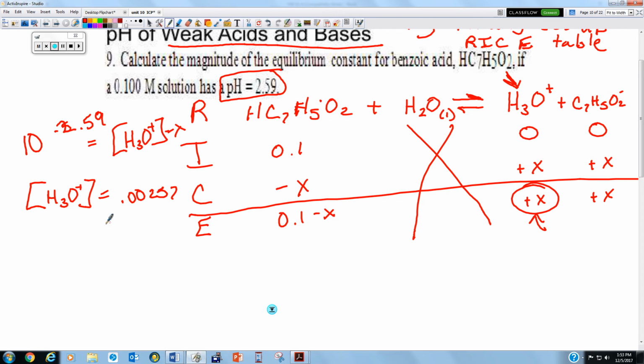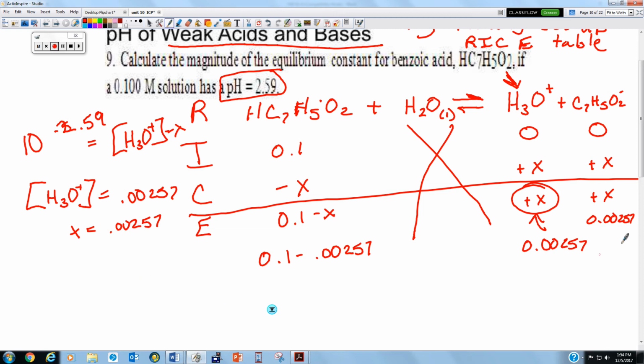I'm not going to worry about sig figs right now. So that means that X equals 0.00257. All I'm trying to do by showing all of this is give a grader more information to look at so that I don't lose any points. I want to try to show as much as I know in all of that. So that means that this is 0.1 minus 0.00257. This number is 0.00257. This number is 0.00257.